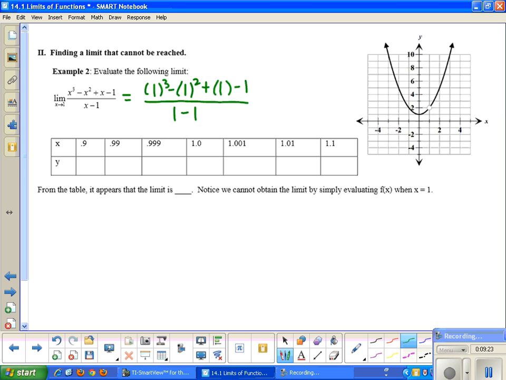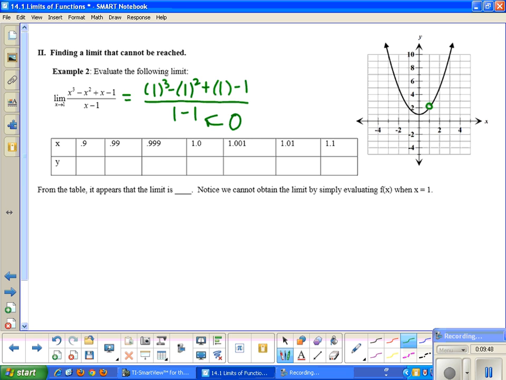Notice in my denominator I'm going to get a value of 0, and remember, we can't divide by 0. Because of that, we have what's called a hole in our graph. If you look over here, you can see the graph, and there's a hole right here at an x value of 1.